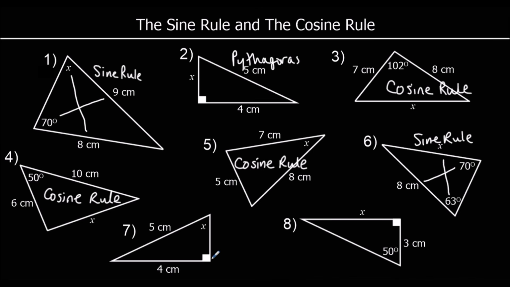Question 7. We've got a right angle triangle. We're finding an angle, so that is SOHCAHTOA. And again with question 8, it's a right angle triangle. We know one of the angles and we're working out a length. We don't know the other 2 lengths, so it's SOHCAHTOA.